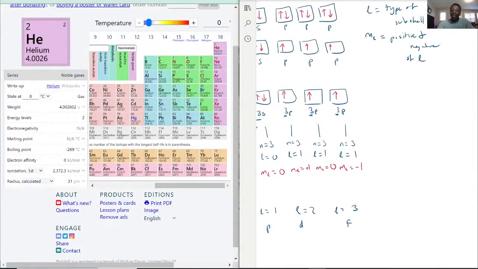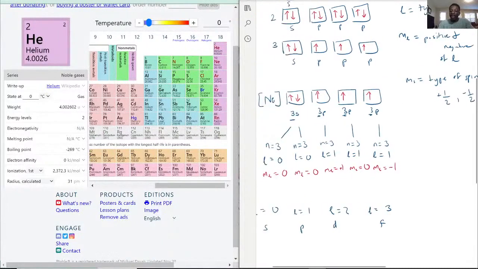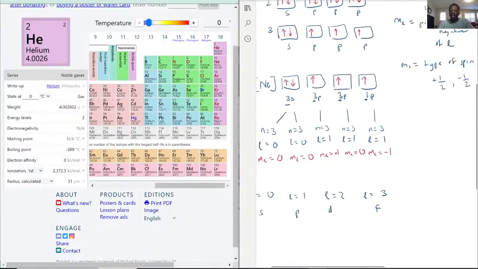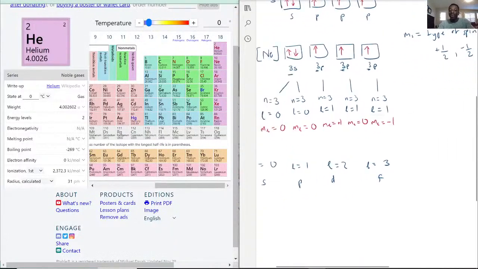And for the last one, MS is just the type of spin, and it can only be represented by positive 1/2 or negative 1/2. Typically we represent the arrows pointing up as positive 1/2 and the arrows pointing down as negative 1/2.